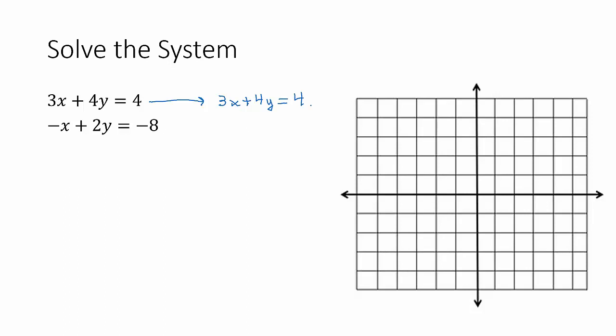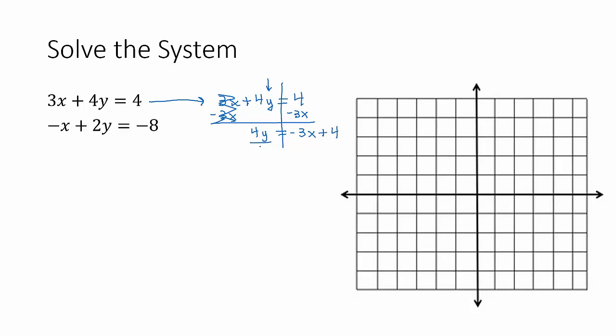Now when we're in slope-intercept form, what that really means is we have y equals the stuff. So we need to get the y alone. So I'll subtract the 3x from both sides. And that gives us 4y equals, we like the x to come first, so negative 3x plus 4.